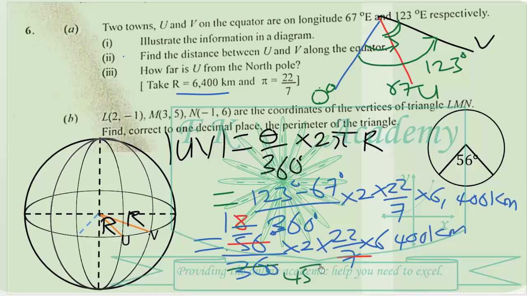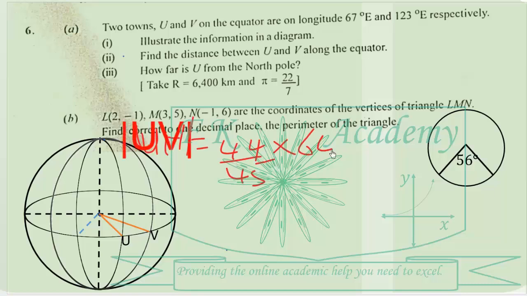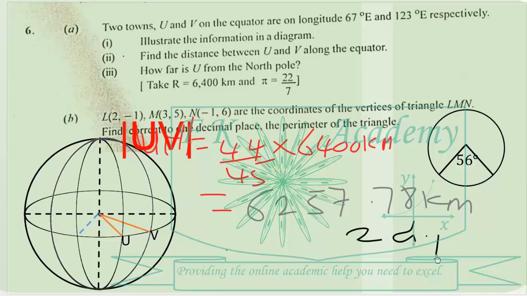So we are going to get something like 44 over 45 times 6,400 kilometers. And this will simplify to 6257.78 kilometers to 2 decimal places. So that is the distance from U to V along the equator.